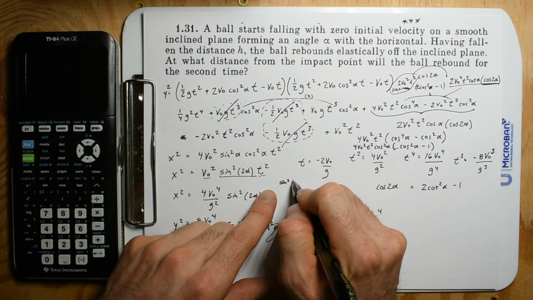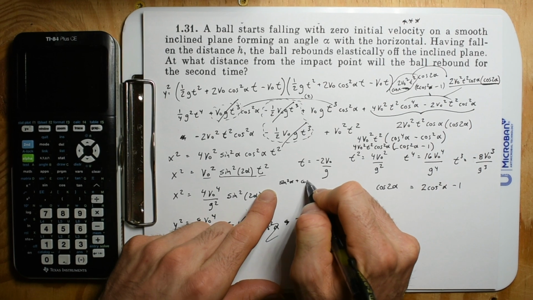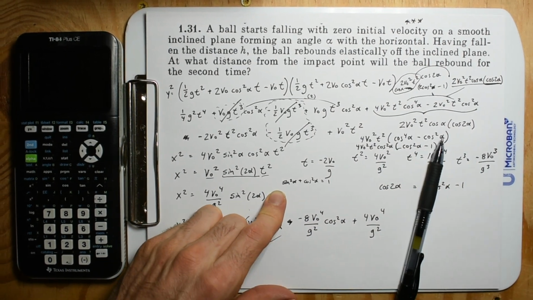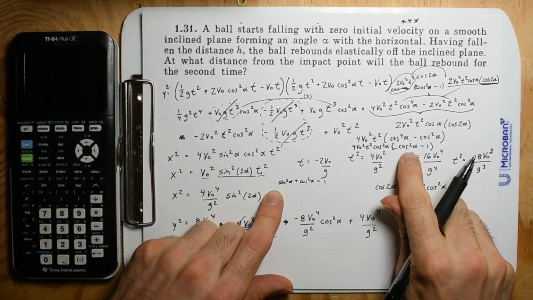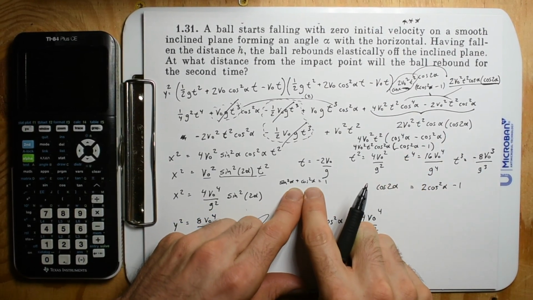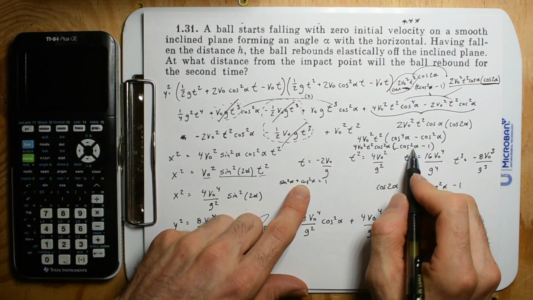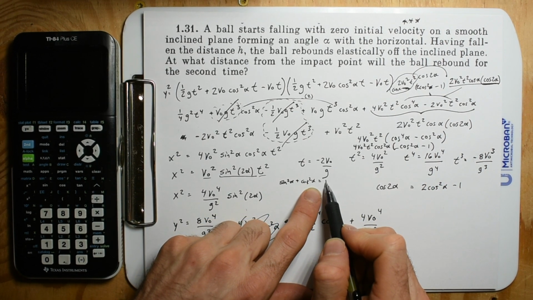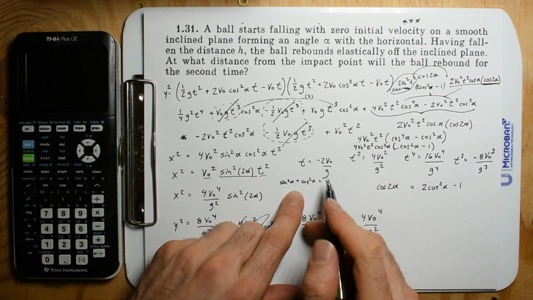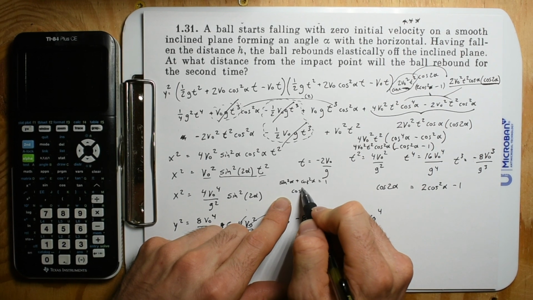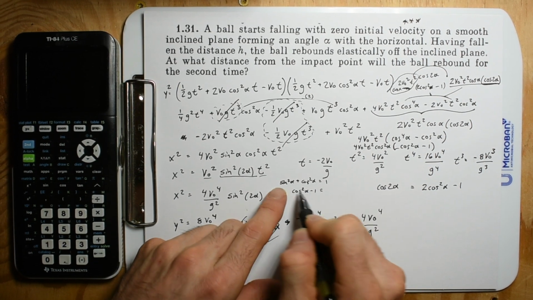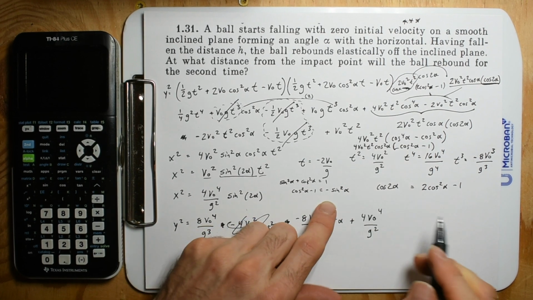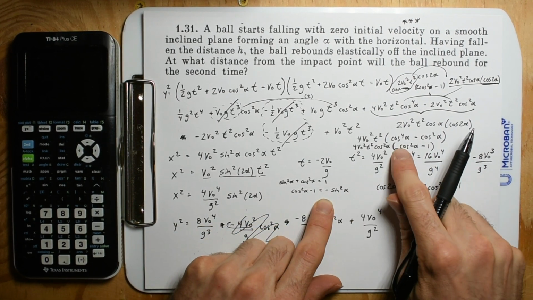But we have sine squared alpha plus cosine squared alpha is equal to 1, so this term right here. So let's say we did cosine squared alpha minus 1. Okay, let's get that. Cosine squared alpha minus 1 is going to equal negative sine squared alpha. So hopefully I didn't mess that up.